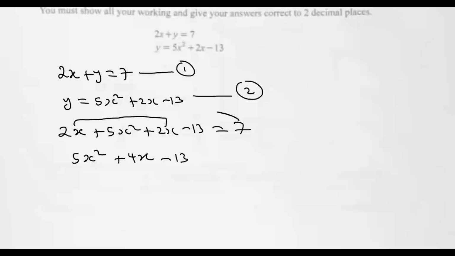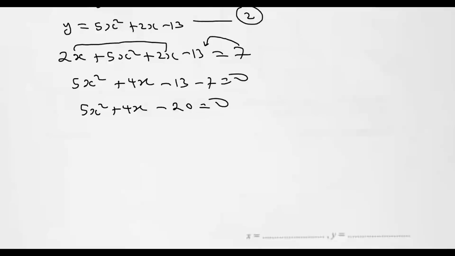Then let's bring this 7 here, so minus 7 equals 0. So finally, we're going to have 5x squared, then plus 4x minus 20 equals 0. So here, let's scroll down.